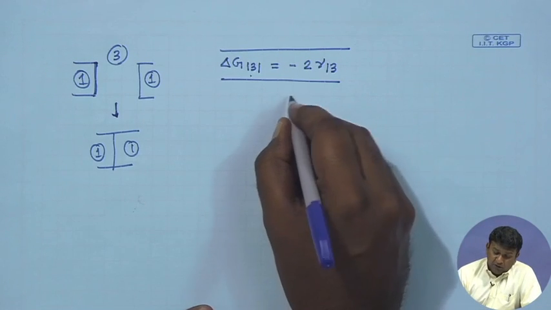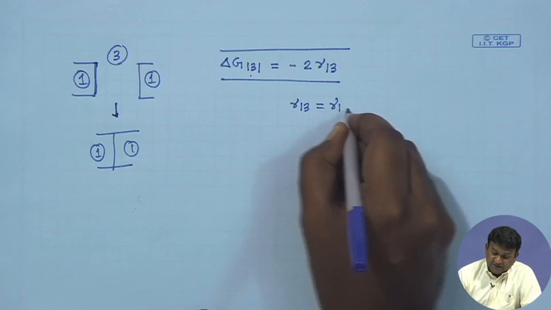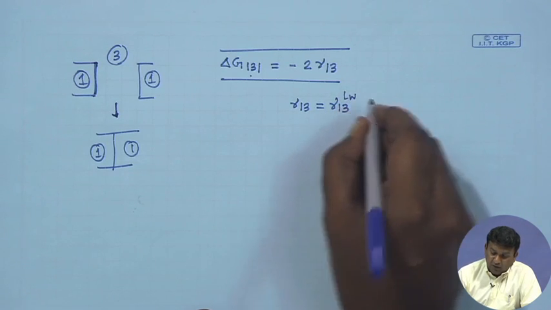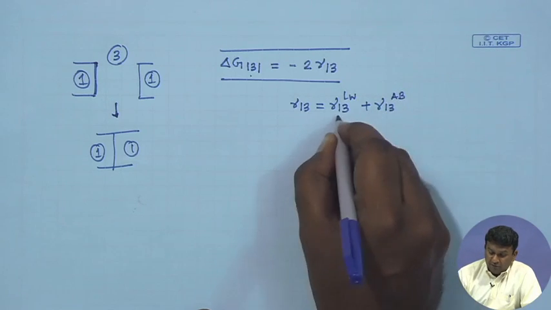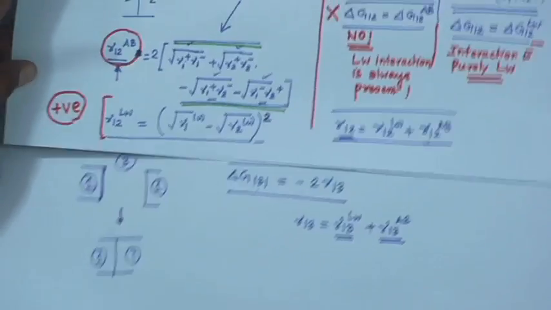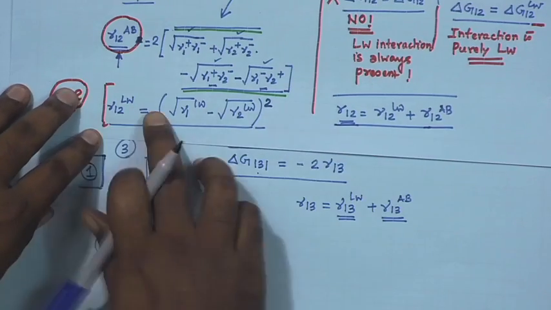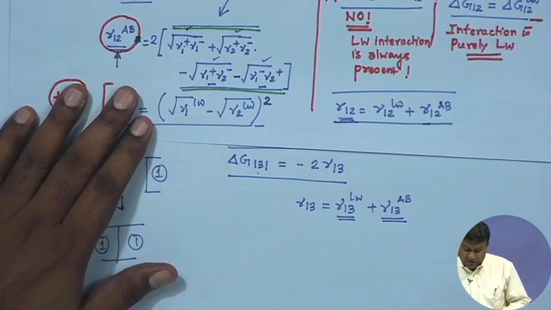So, now if we consider a system where we have both polar and van der Waals interaction, this gamma 13 is going to have two terms, and here we actually have expression for both the terms. Just 12 we just replaced it with 13, which is fine, it is more of a pedagogic difference.